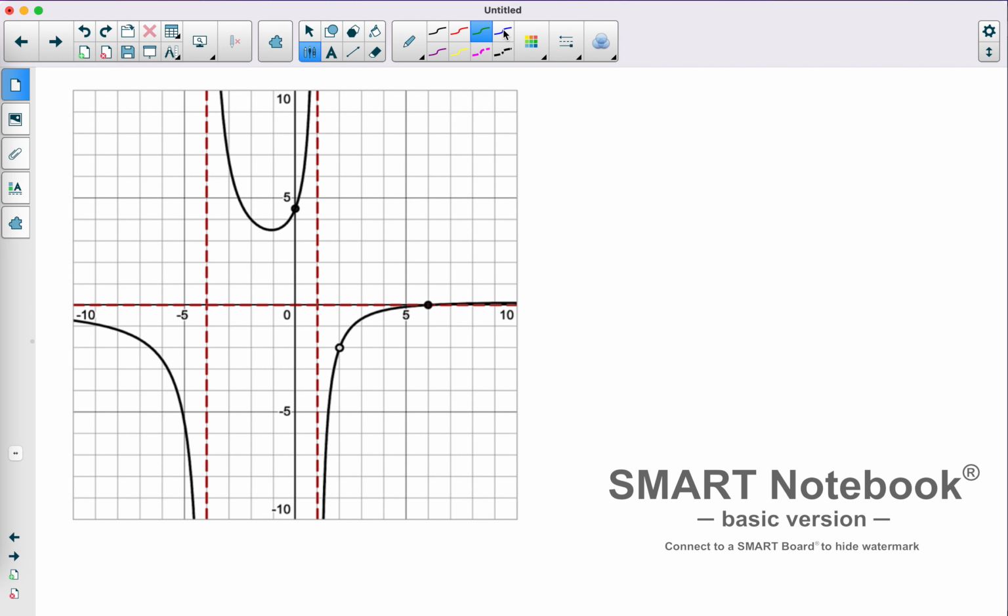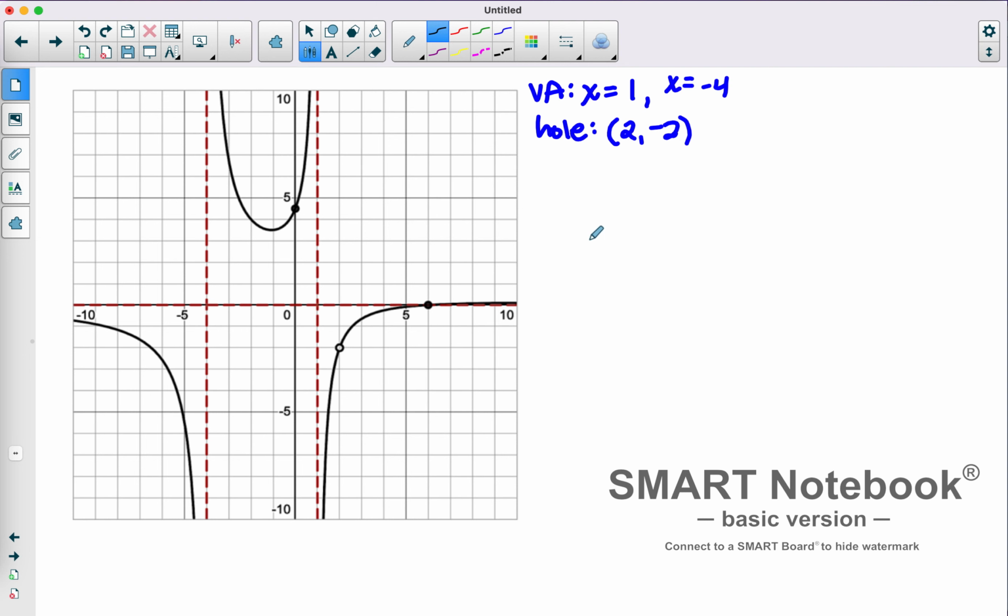Here we have multiple key features that we can see, and I usually start with those vertical asymptotes. There's a vertical asymptote at positive 1, another one at negative 4, and there's a hole. This hole is at (2, -2).